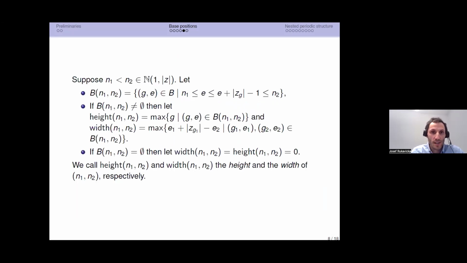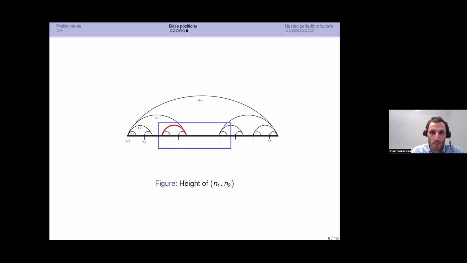For this result, I need one more definition. I need the definition of the height, which is on the fourth line here. Maybe I will explain it using a picture. I think it will be more simple. So I prepared one more picture for this proof. I have again the word Z that I had, and now the blue rectangle represents a vector of our choice.